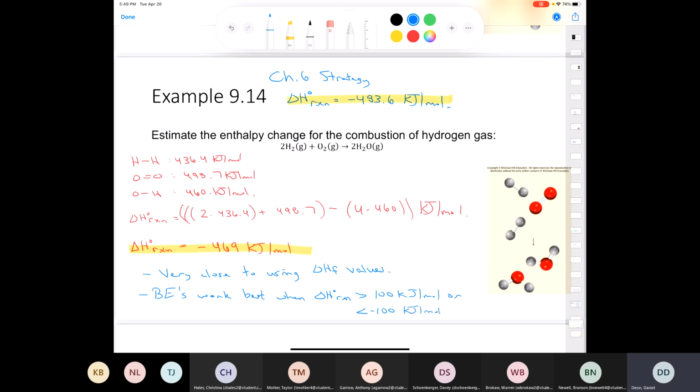Anything in between, it's kind of sketchy. It's not the greatest estimate. I mean, you're going to get a decent value, but the error might be quite a bit higher than if you go beyond an endothermic reaction that's greater than 100 kilojoules per mole or lower than an exothermic reaction that is negative 100 kilojoules per mole.